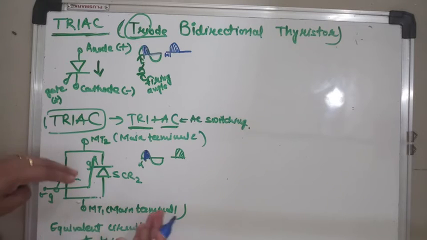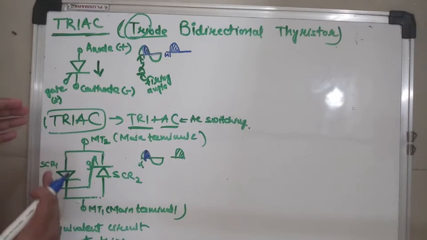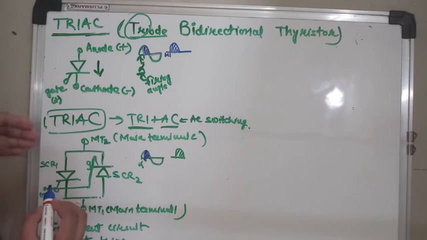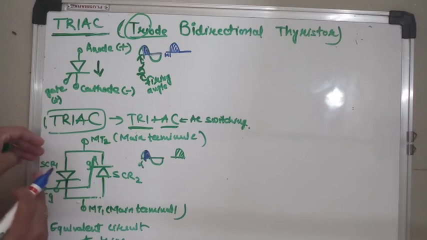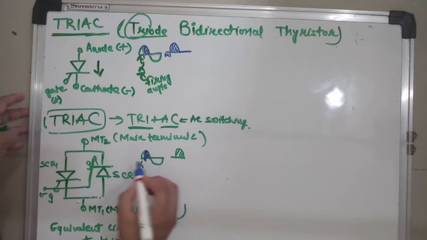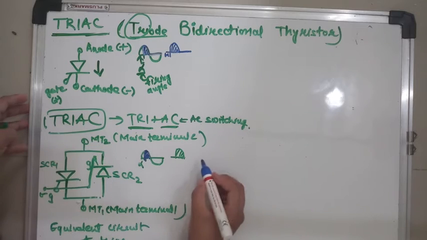Now during the negative half cycle, SCR1 turns off because the current, or you can say the voltage across the device, is 0. So SCR1 turns off, and at that time SCR2 is triggered by giving the gate pulse, and current now flows from MT1 to MT2, in the opposite direction.